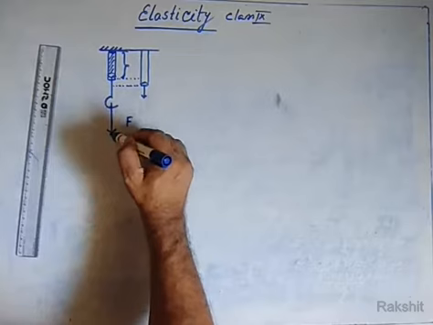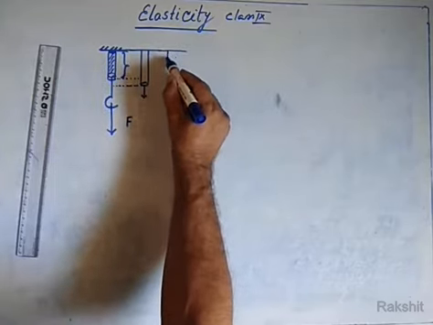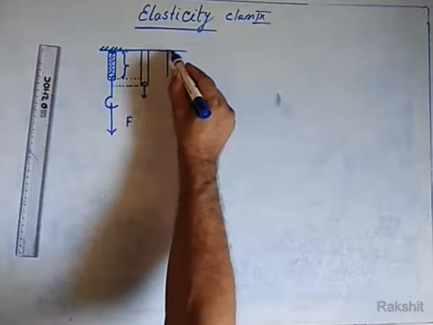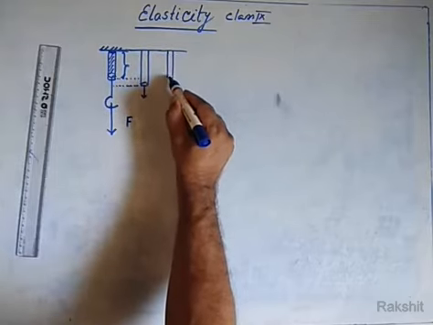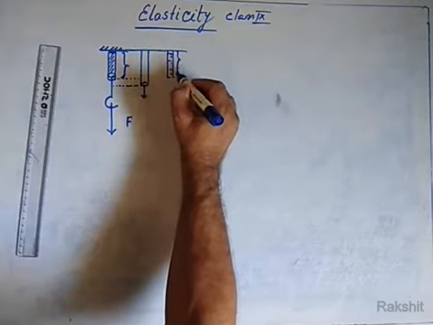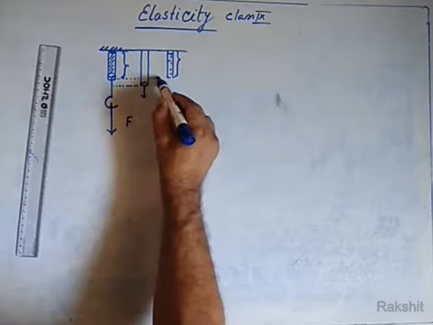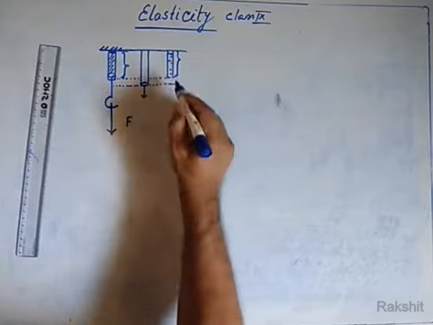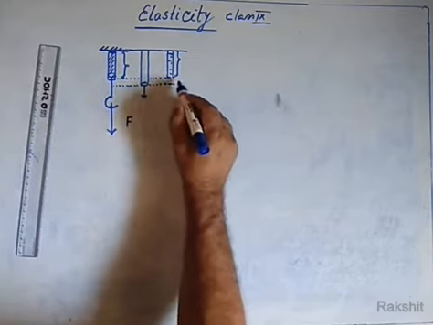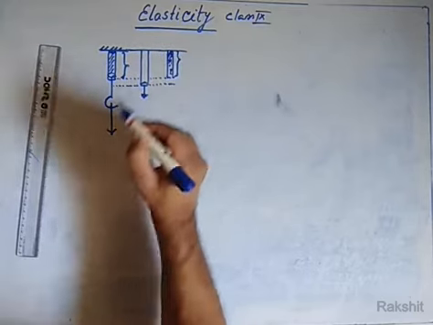When this force is withdrawn, the size of the rubber tube becomes the same. This increment of the length is due to this deforming force.